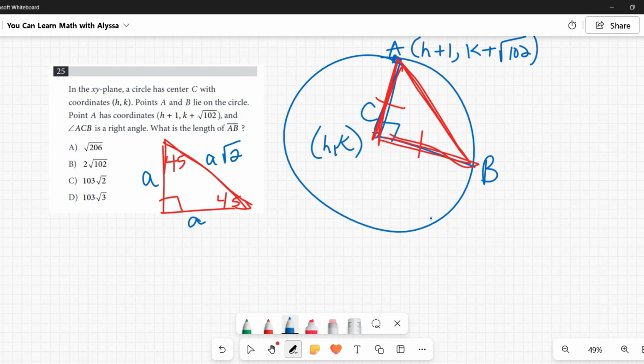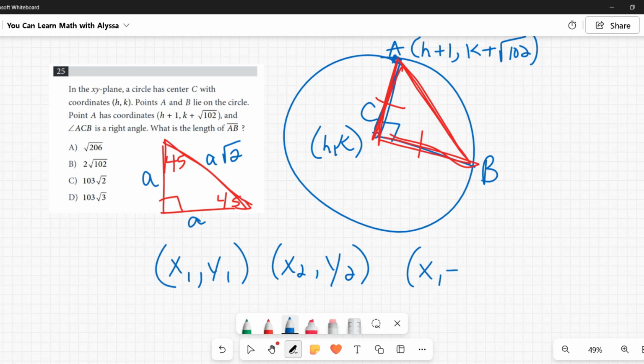If you have two points, (x1, y1) and (x2, y2), the formula is the square root of (x1 minus x2) squared plus (y1 minus y2) squared.